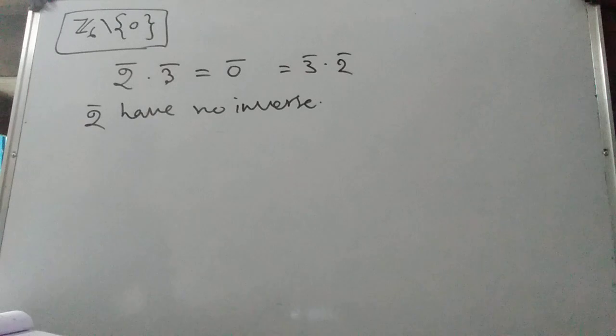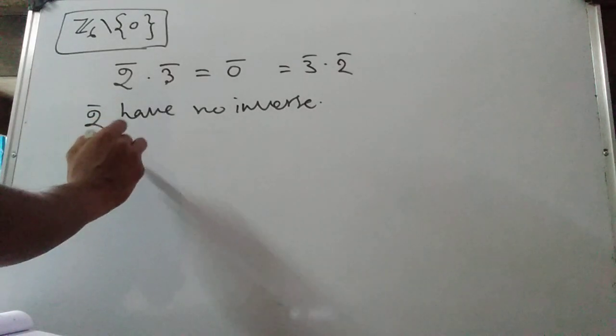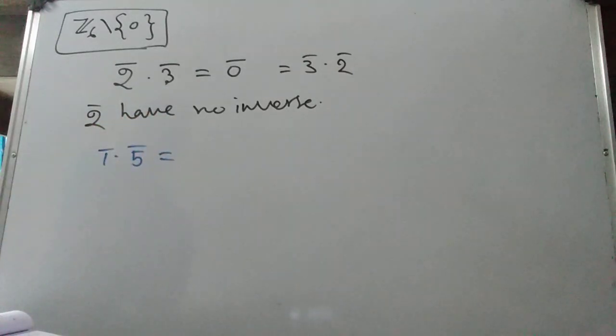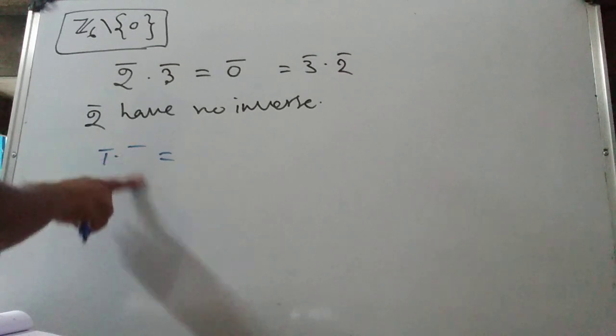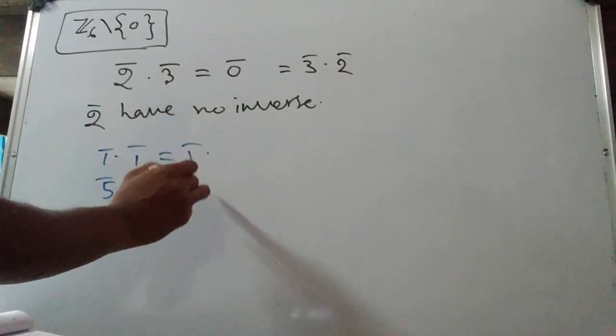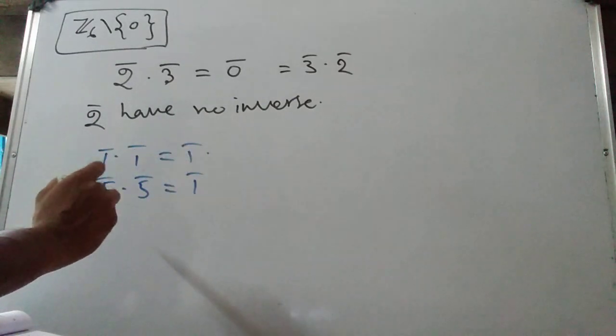Then in Z6 we also check: 1 times 1 equals 1, and 5 times 5 equals 1.